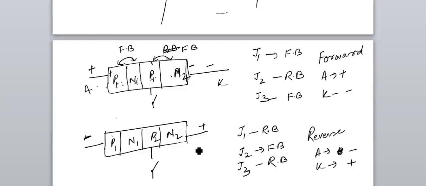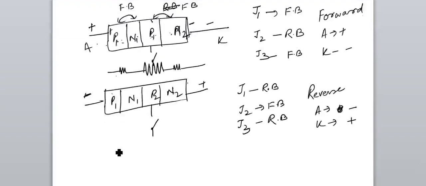So let's think about what happens with the current conduction. In the forward state, forward bias means the J1 junction will offer a small amount of resistance, the J2 junction will have a high amount of resistance or breakdown level, and the J3 junction will offer a small amount of resistance.